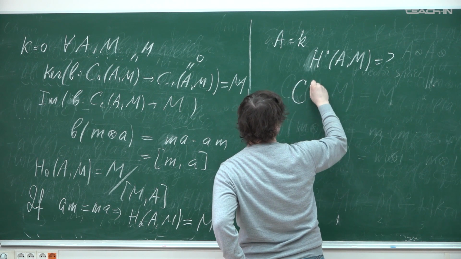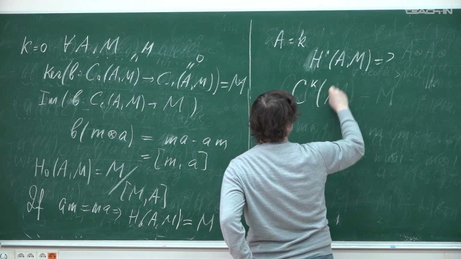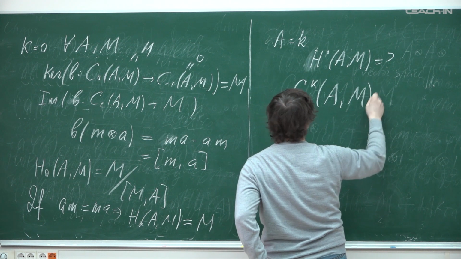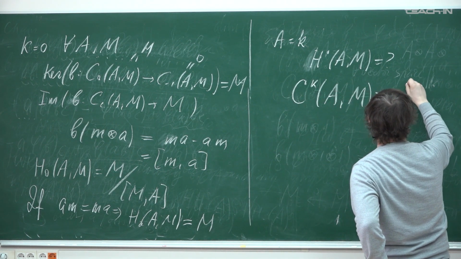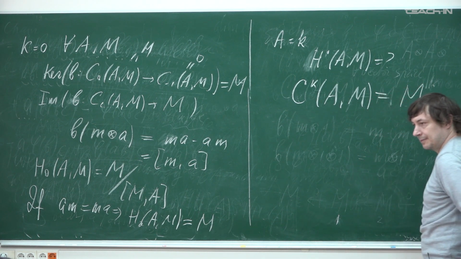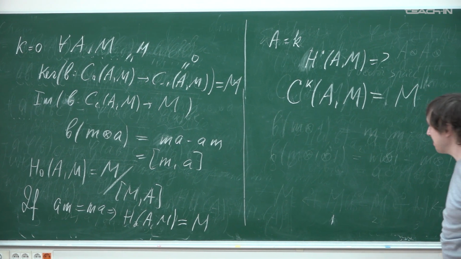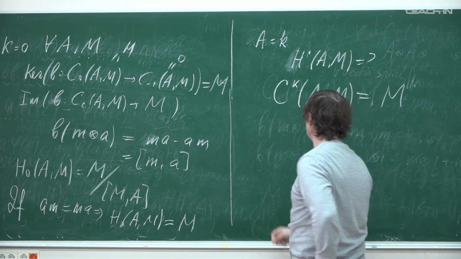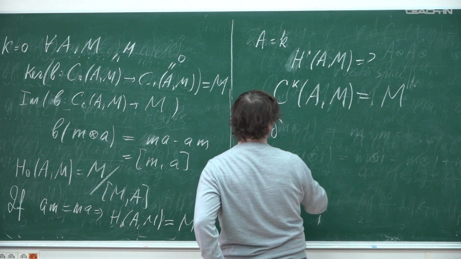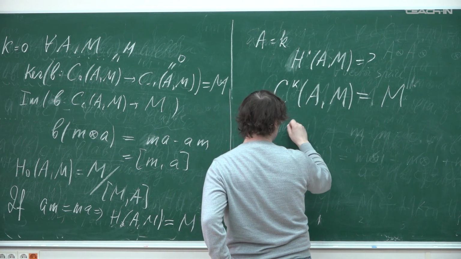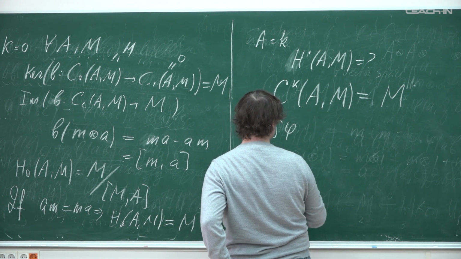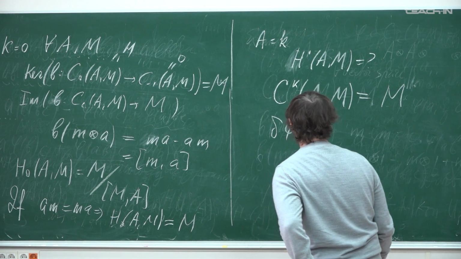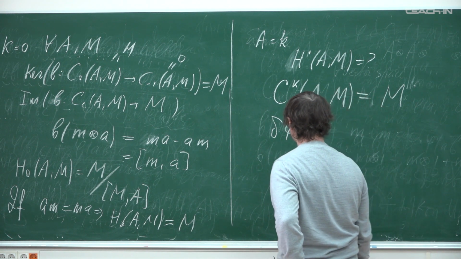So C^k of (A,M) in this case will be equal to M again, right? And the boundary is a bit more tricky again. For instance, delta phi, so in degree 0, what do we have in degree 0?